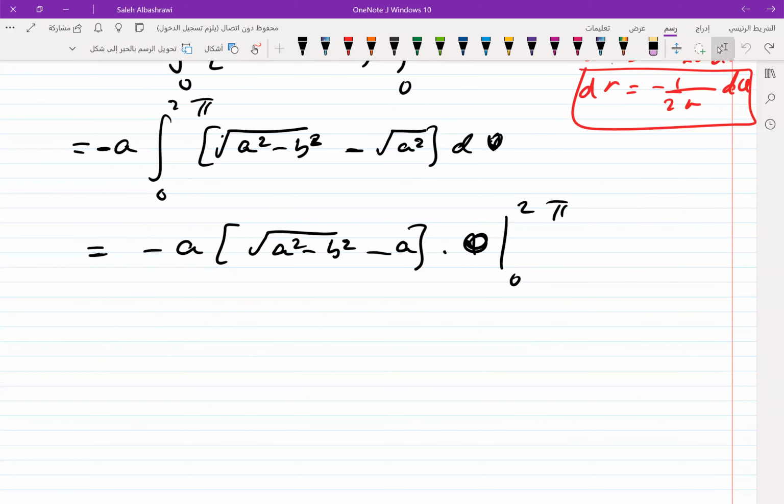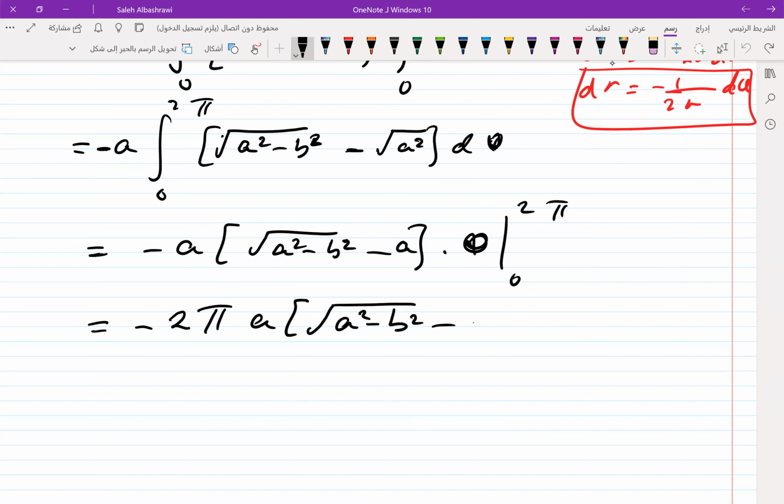The final answer will be minus 2 pi a multiplied by the square root of a squared minus b squared minus a. And since we are speaking about the area, the unit is square units.